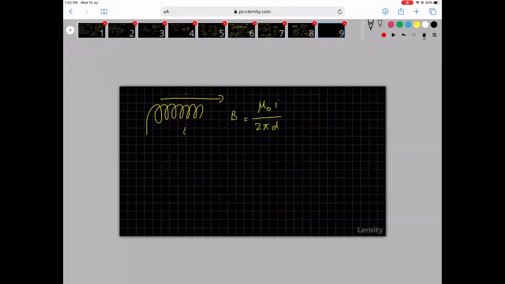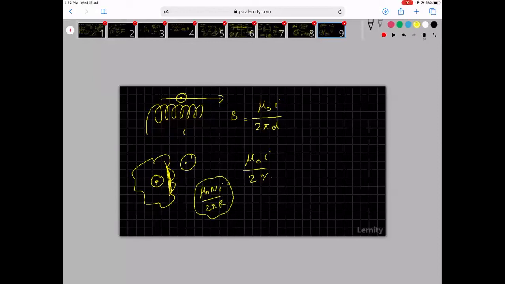Same way, when you put it in a circle, the magnetic field here is simply mu naught I by 2r. The magnetic field outside is 0, and in the core of the solenoid, it is mu naught N I by 2 pi r. So we have found these out. This is how you work with it.